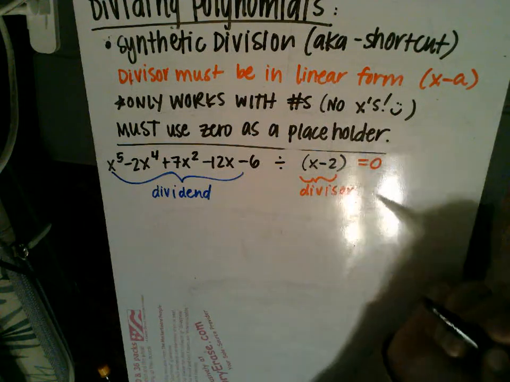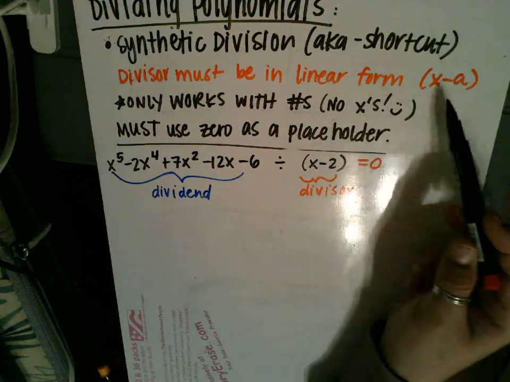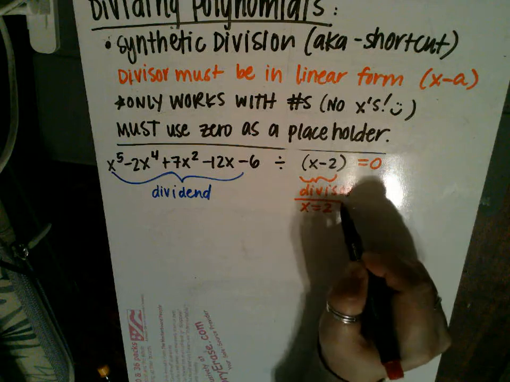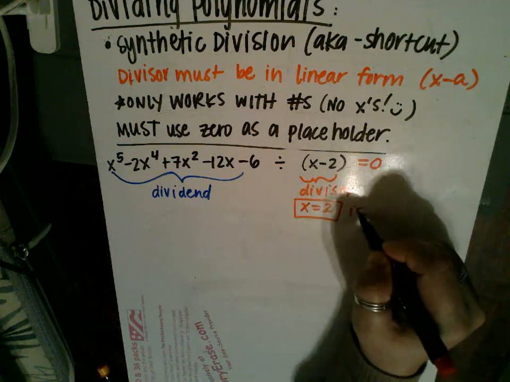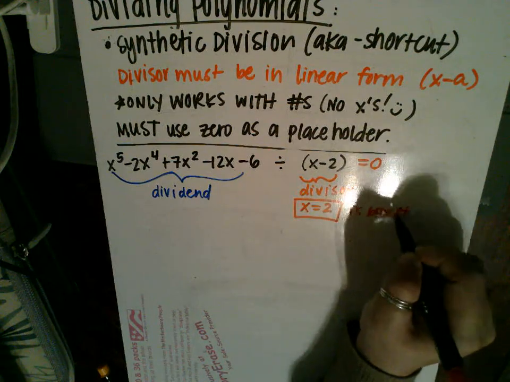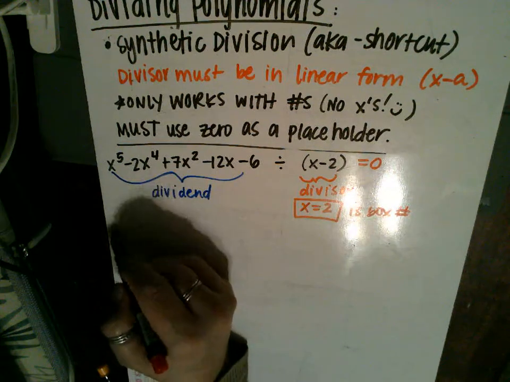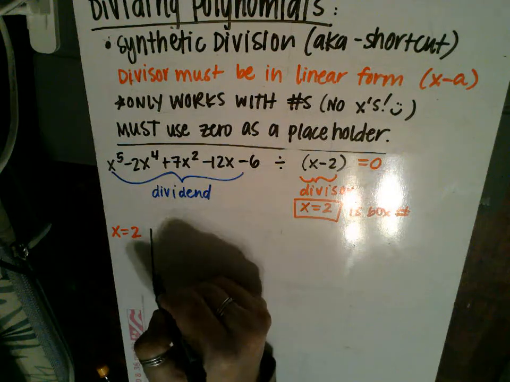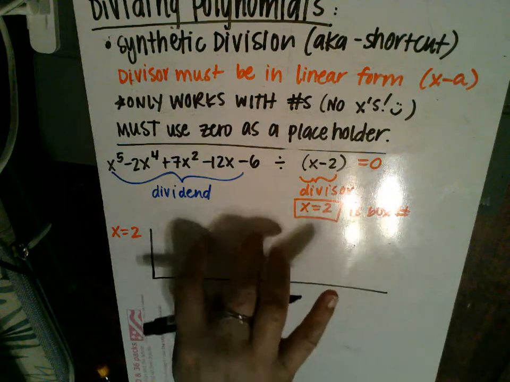Remember, I set my divisor equal to 0 as long as it's in linear form, which it is. I get x equals 2 by adding 2 to both sides, is my box number. So I write, you can even write x equals 2 on the outside if you would like. And my dividend goes on the inside.